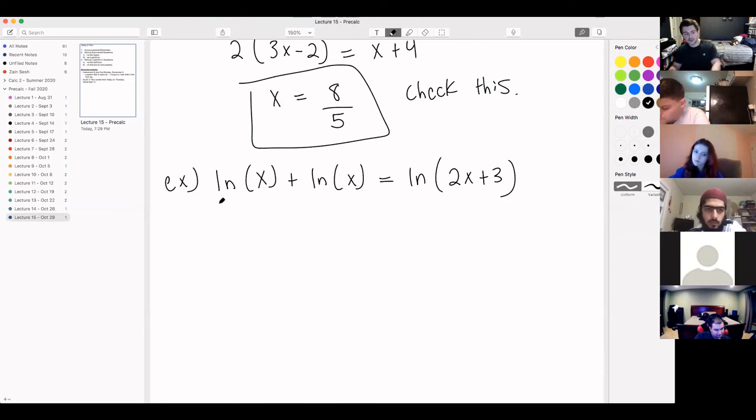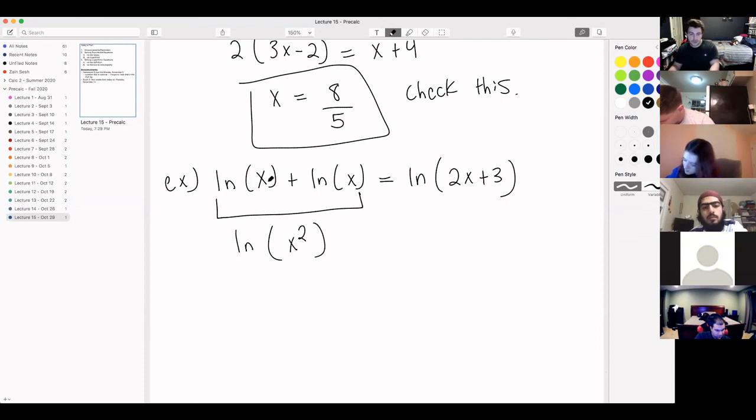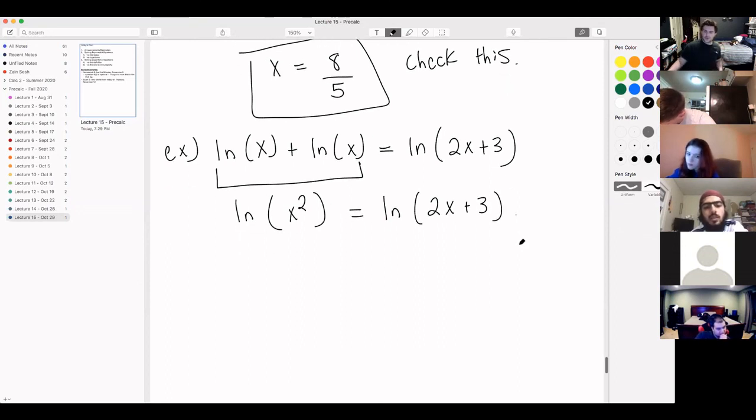So let me use that product rule again. This left side will be natural log of x squared. Multiply the inputs, x times x is x squared. That will be equal to natural log of 2x plus 3. So everyone okay with this step?